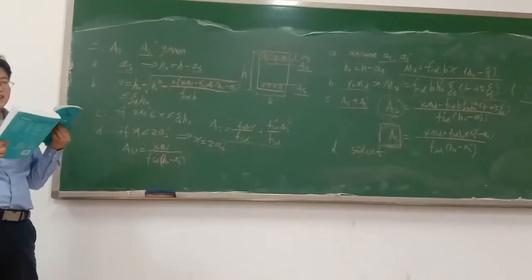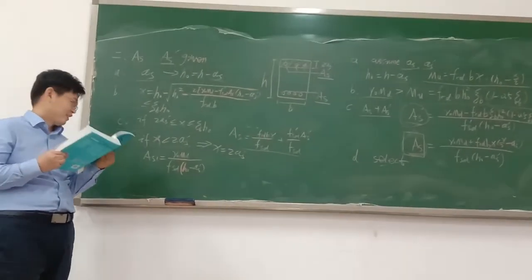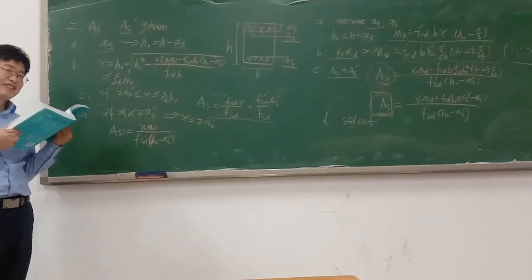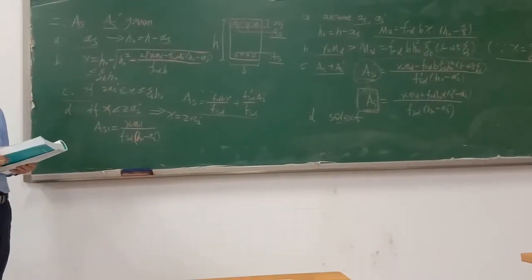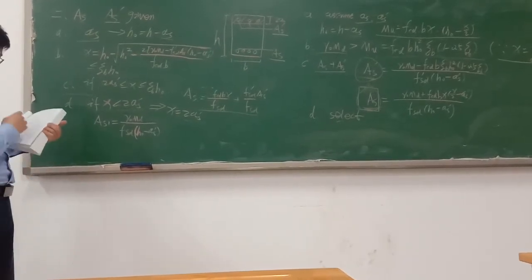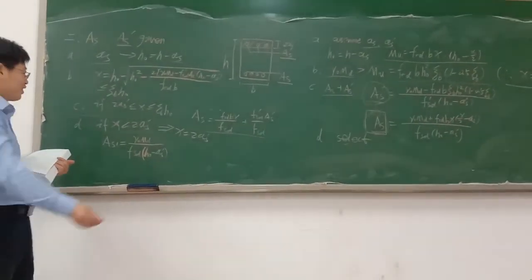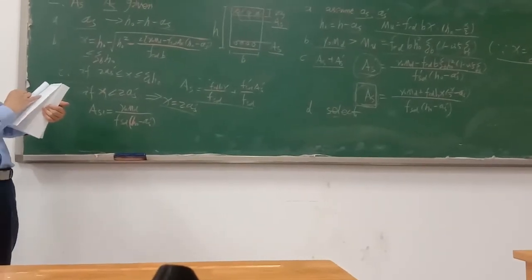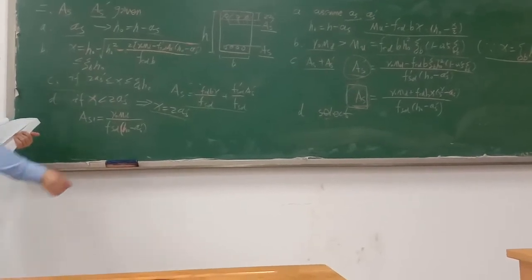No, A. You sure it's A? Of course it's not, because the second one is 2a_s'. So of course we use 3-23 B. Because we use this, then the first part becomes 0: x/2 minus a_s' equal to 0. Then we got this.